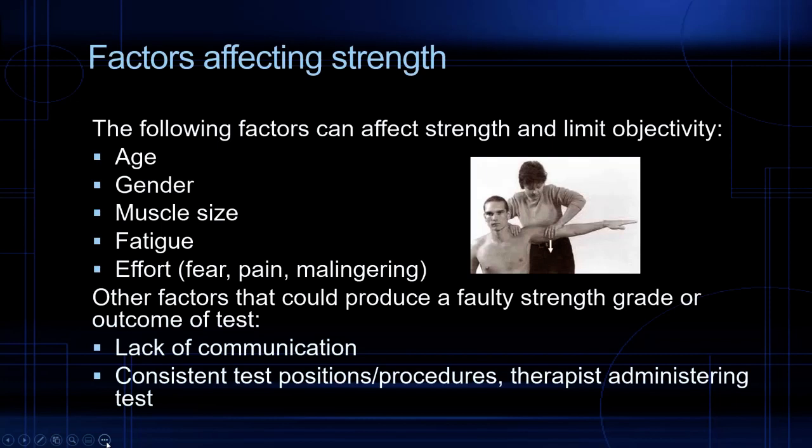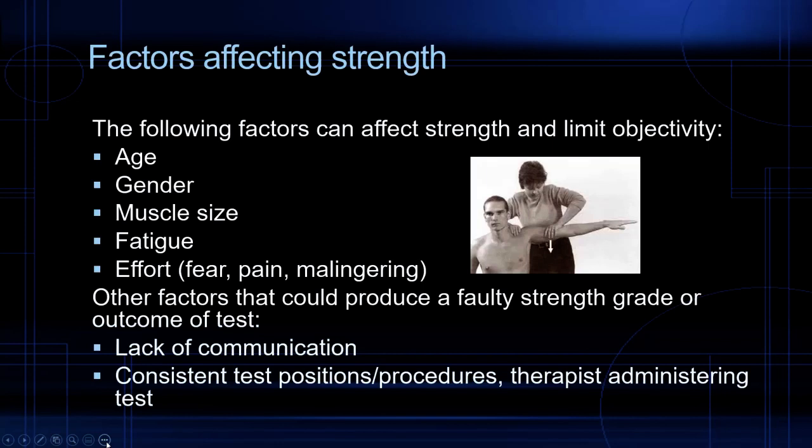So certain things can affect how strong a muscle tests, okay? So I mentioned that manual muscle testing is an objective measurement, but things can limit how objective it is. So in goniometry, we have the inter-rater or intra-rater reliability that might make it a little, I don't want to say non-reliable, but that does limit the objectivity of it.